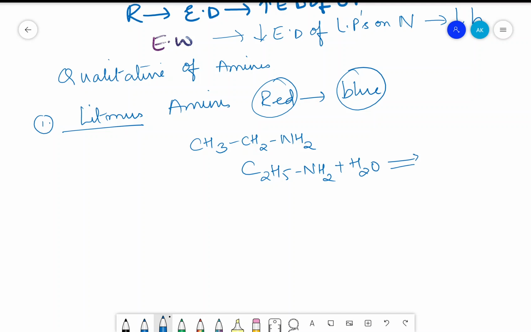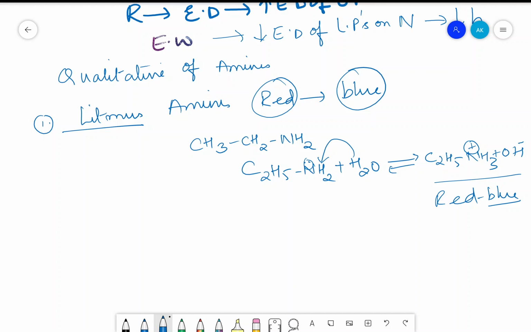It is a reversible reaction to give C2H5NH3 with a positive charge on nitrogen, as H comes to the lone pair, and OH minus, and this solution will change red litmus to blue.